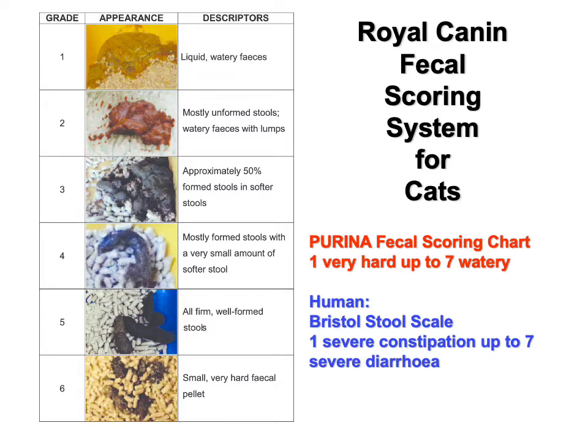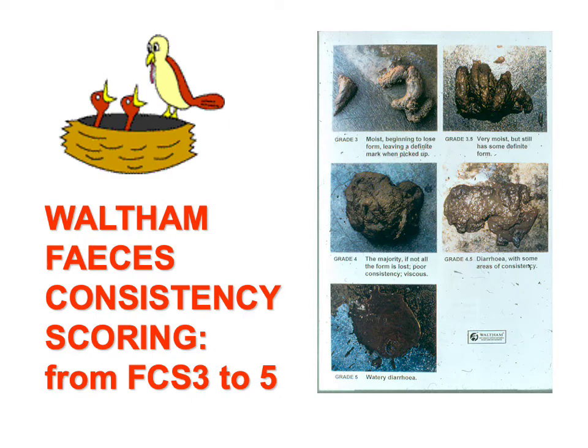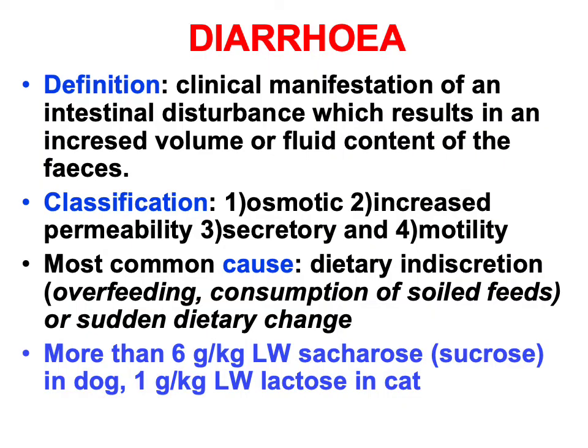And now we will see the two extremes. First, according to the Waltham feces consistency scoring from 3 to 5, the different types of diarrhea will be shown. Diarrhea is a clinical manifestation of an intestinal disturbance which results in an increased volume or fluid content of the feces.